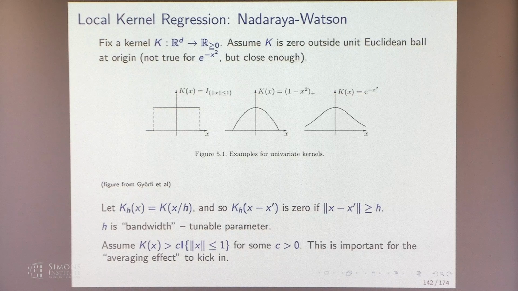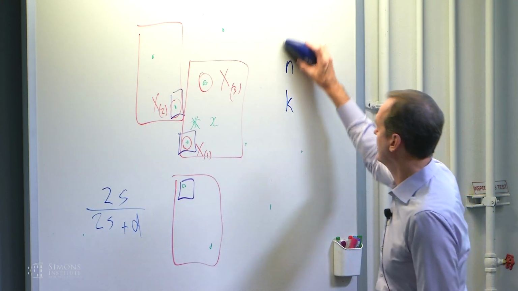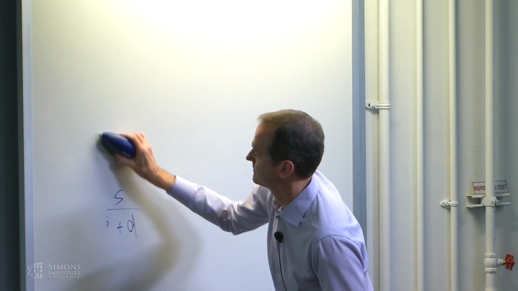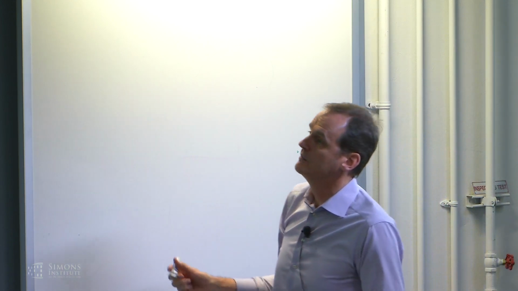All right, so moving on to the other example I wanted to cover. This is local kernel regression, so kernel smoothing kind of approach. So again, it's local. We're using the data that we've seen in a neighborhood of the test point to make predictions about that test point. So this is the Nadaraya-Watson estimate.